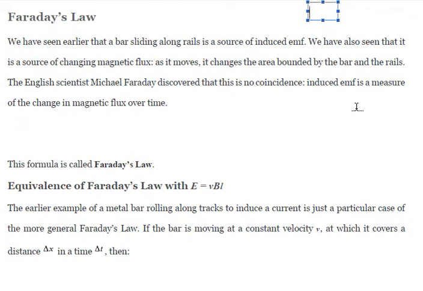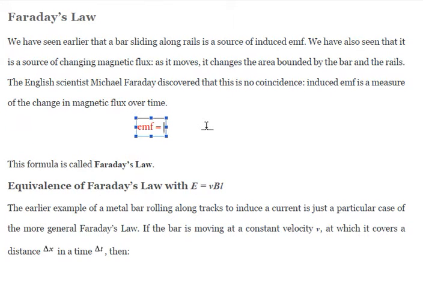The induced EMF that we get when we move that bar is actually a measure of how the flux is changing over time. In calculus, this is going to be a derivative, but since we're just algebra based, we don't have to worry about it in those contexts.